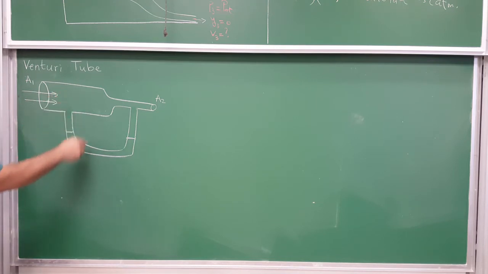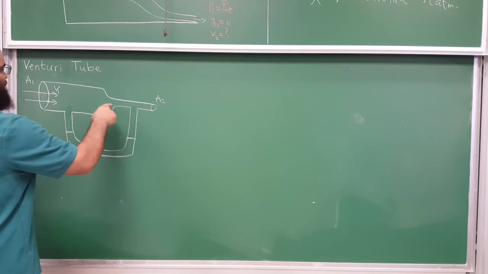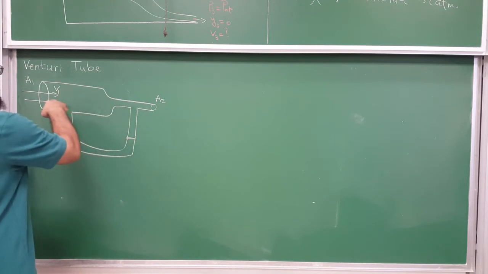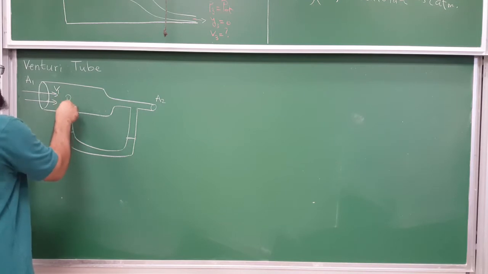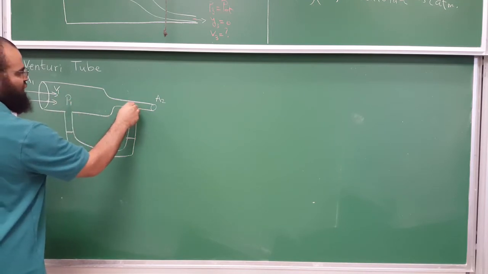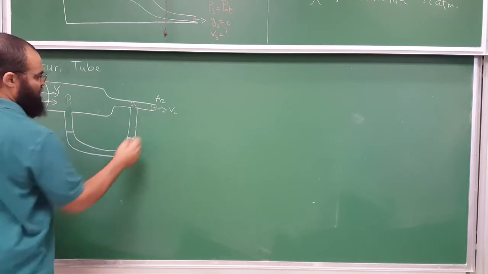Remember, this is a fluid, so the density here would be the density of the fluid, and the density here would be the density of the air. So it enters with speed V1, and the pressure inside here at this region will be P1, and the pressure here will be P2, and the speed here will be V2.